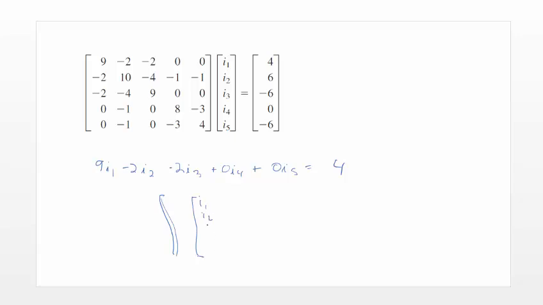I1, I2, I3, I4, I5 equals A inverse B. This is B, this is A, and I need to find inverse A.